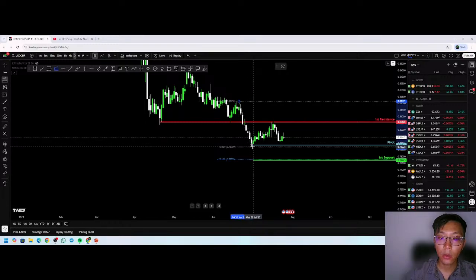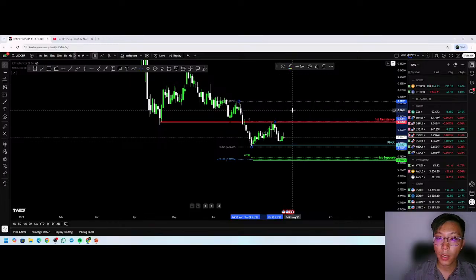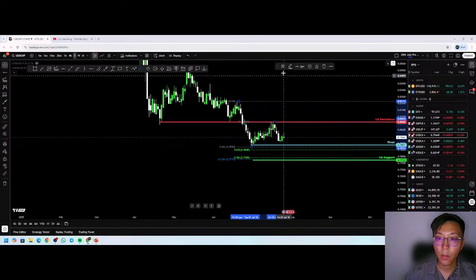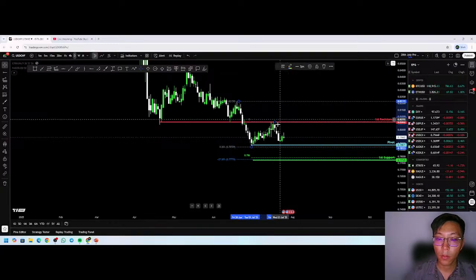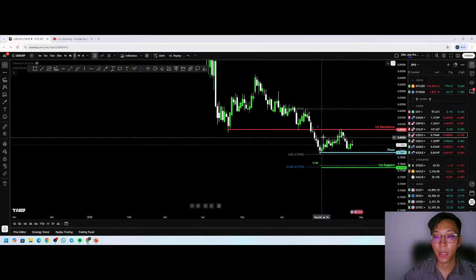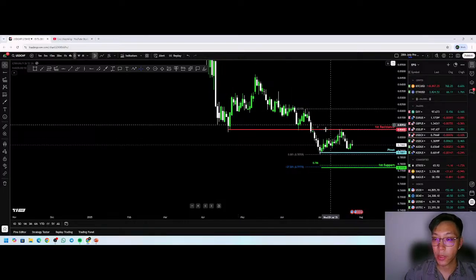Let me take a look. 61.8 and 78.6. Okay, we have chosen this as our first resistance because it is an overlap resistance level.